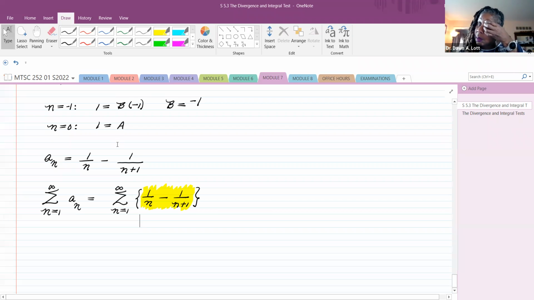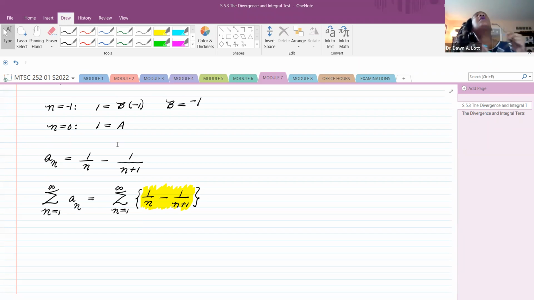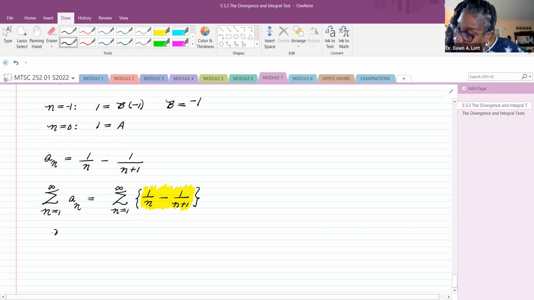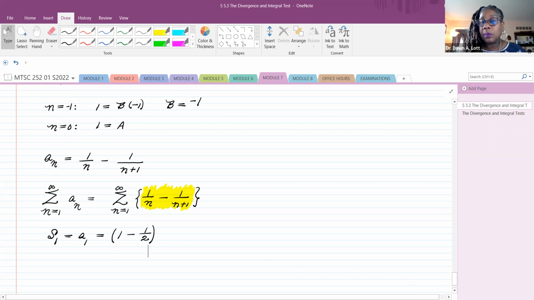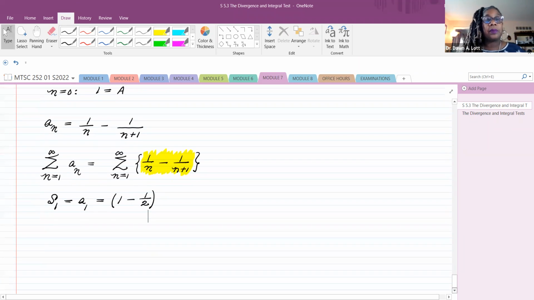So my nth partial sum is to sum up the terms. So S1 is just a_1. a_1 says put 1 in for n. So I get 1 minus a half, because I put 1 in for n.